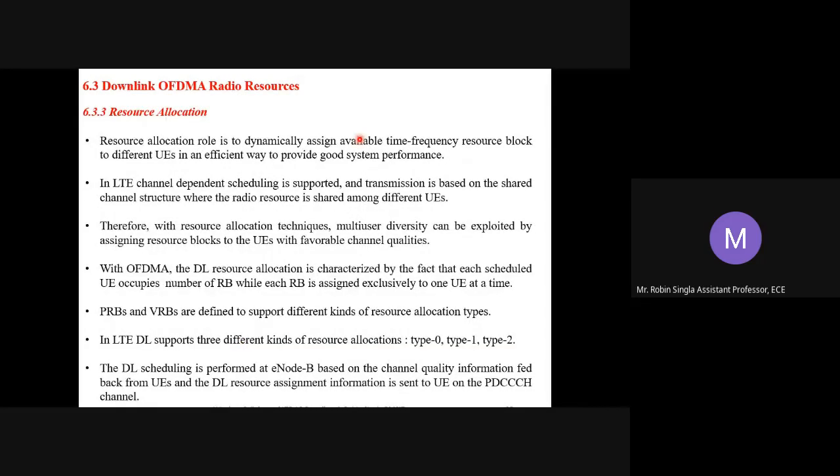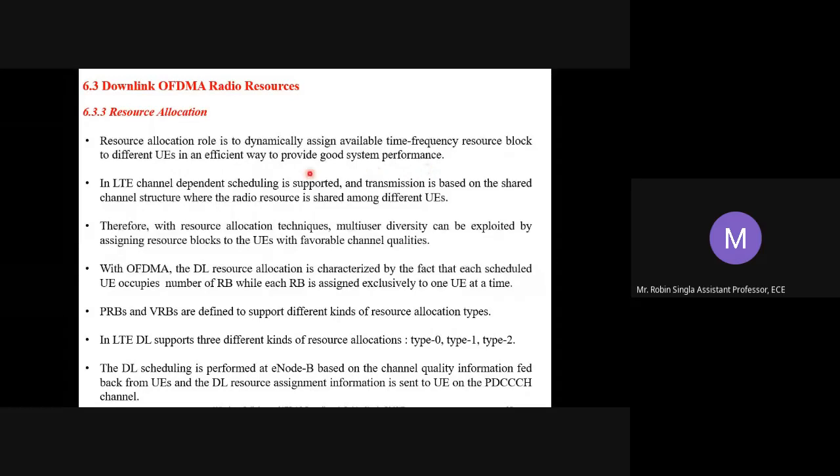Now next is resource allocation. The role of resource allocation is to dynamically assign available time and frequency resource blocks to different user equipments in an efficient way to provide good system performance.